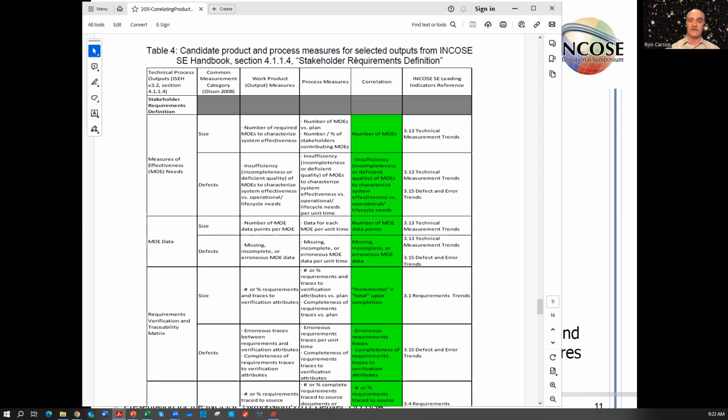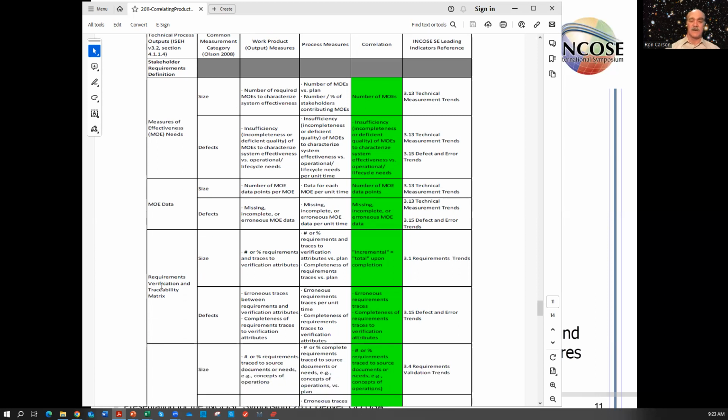So this one is stakeholder requirements definition, measures of effectiveness needs and data, requirements verification and traceability matrix. And I have notes about work product measures that could be established and possible process measures, and my assessment of what the correlation is. And green indicates probably a strong correlation.